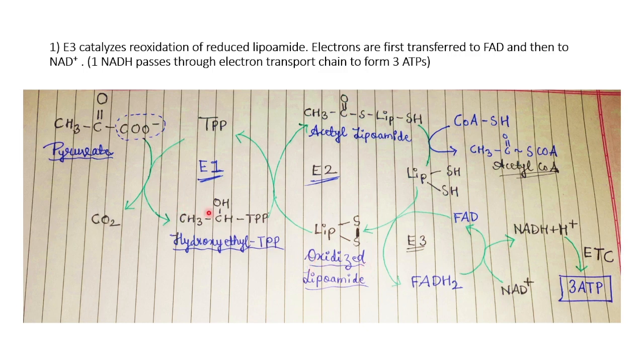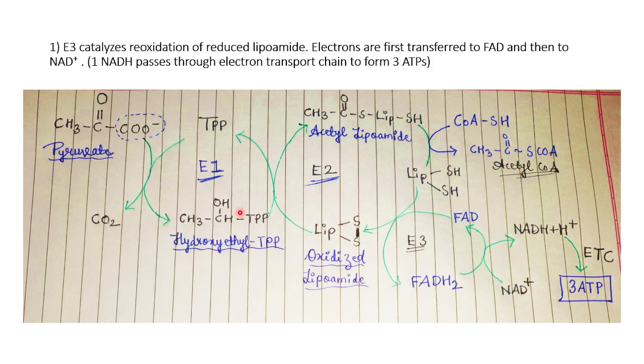Okay, due to the oxidation of hydroxyethyl TPP, in oxidation hydrogen ions and electrons will get released, due to which when it will get accepted by oxidized lipoamide, we know that upon the acceptance of hydrogen atom and electron, the molecule will get reduced. So this oxidized lipoamide will get reduced as shown over here. This SH means it is in reduced state now because acceptance of hydrogen atom has occurred.